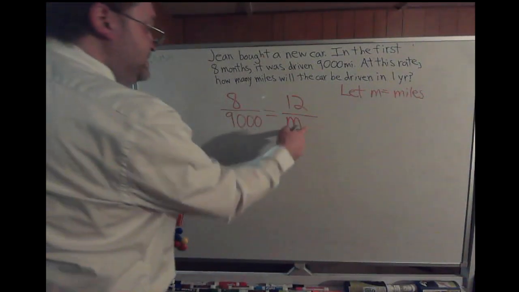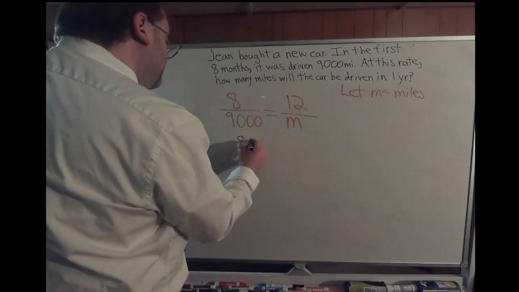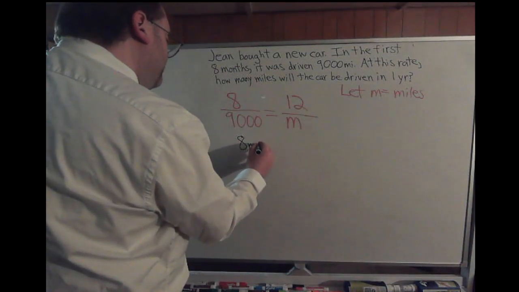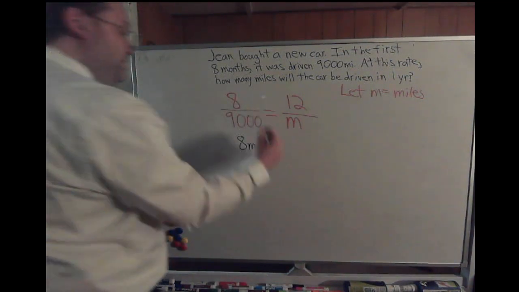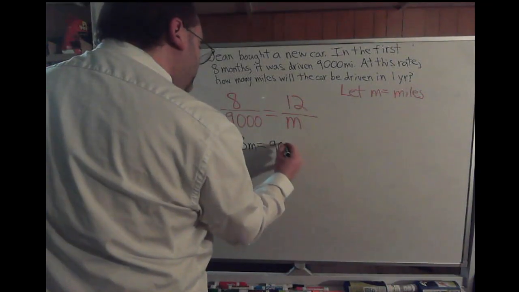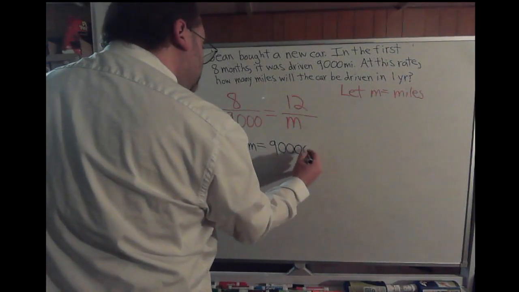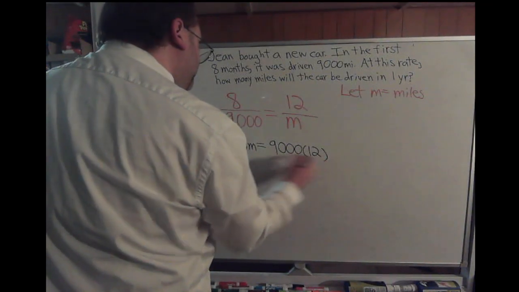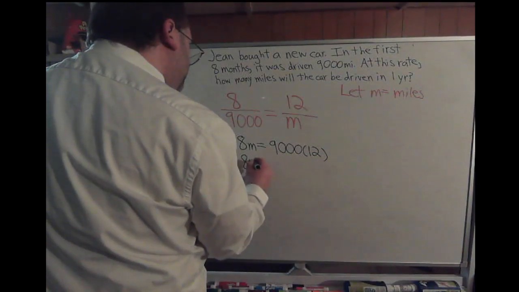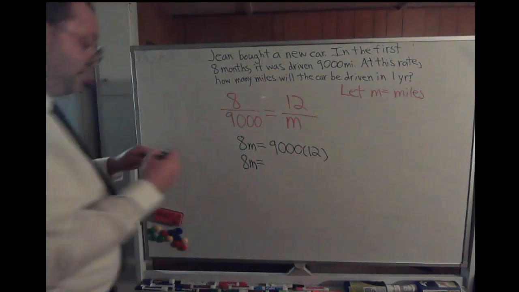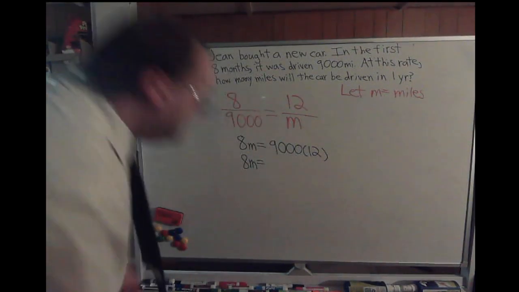You'll have 8 times M, which would just be 8M. Then that would be equal to 9,000 times 12 for the other cross product. So then you'll have 8M is equal to the result of 9,000 times 12.